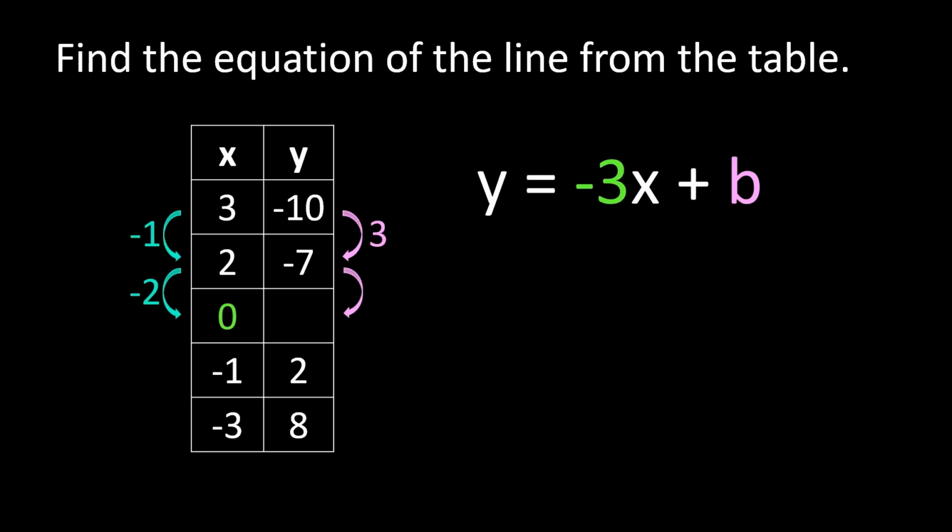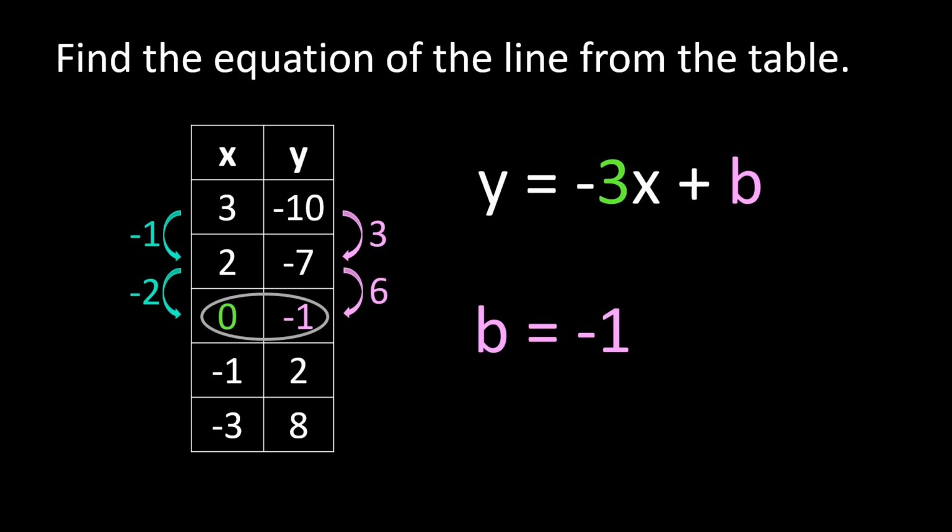Because -2 is twice the -1, I'm going to take the change of 3 from -10 to -7 in my y values, and I'm going to need to double it. So 3 times 2 is 6. So my change of y from -7 to the y-intercept is going to have to be 6. And -7 plus 6 is -1. So my y-intercept is -1.